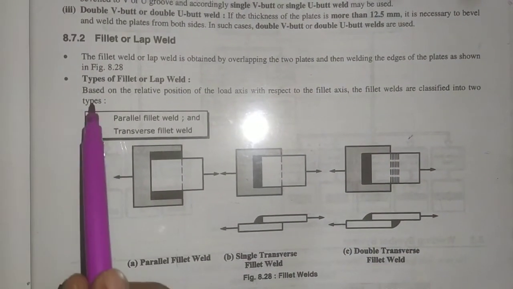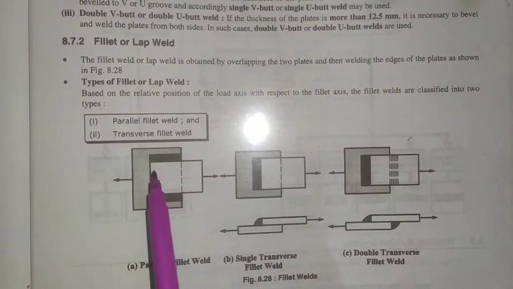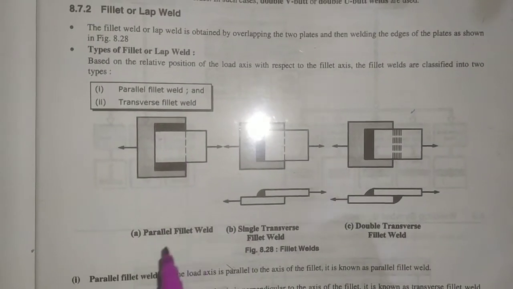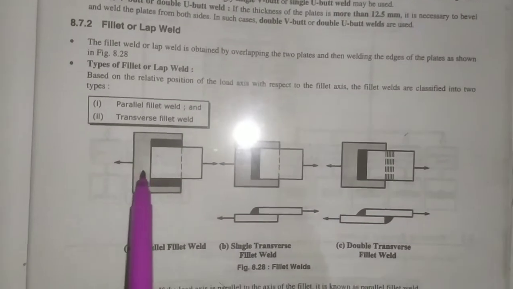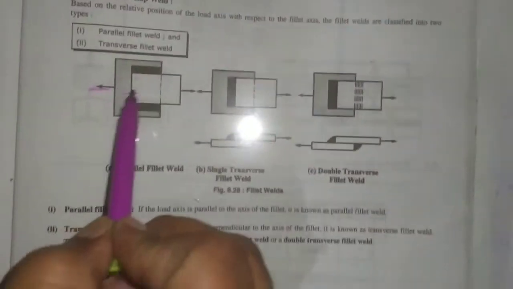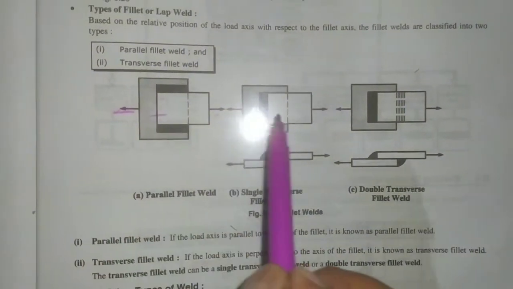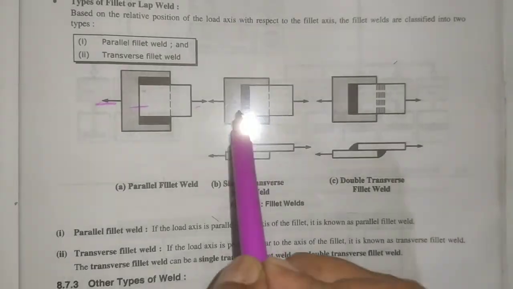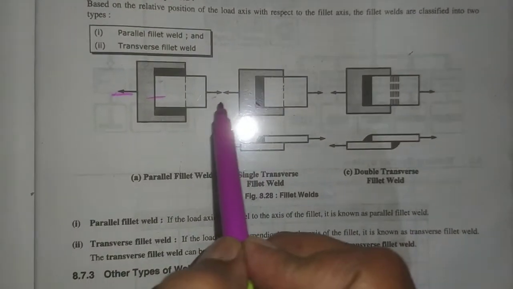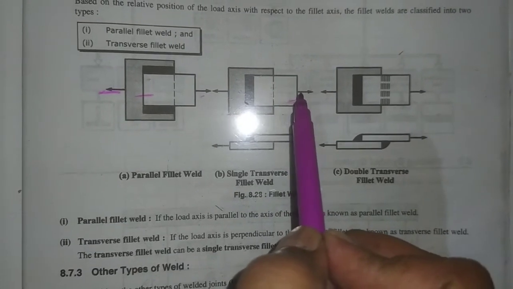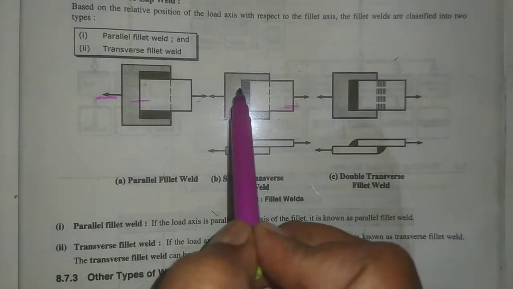Here the types of fillet or lap weld are given. Here are 2 plates that are overlapped. This is called parallel fillet weld. That is, parallel means this is the axis of the load and it is parallel to the load axis here. Second one is single transverse fillet weld. It is perpendicular to the axis. The arrows that are shown are the axis of the load, perpendicular to the weld.